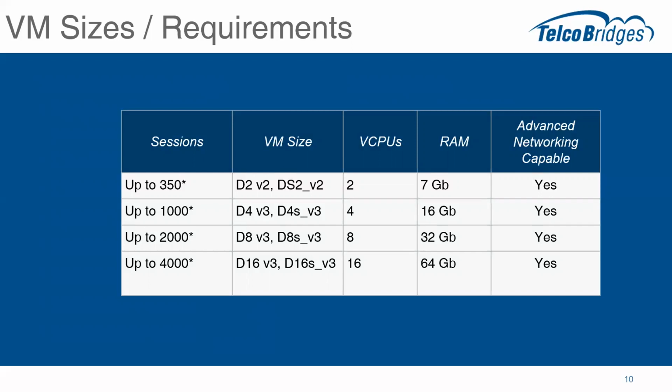They have different names, and we see on other cloud platforms they have different names, but the main thing is to know how many CPUs are available, RAM, and also, for the SBC, what is important is that the advanced networking features can be added on those VMs. And then you have the size. That's what makes the difference between the VM sizes: how many concurrent sessions you can have on such a VM size. Of course, they are more expensive, so you need to target exactly what number of sessions you plan to use on the SBCs.